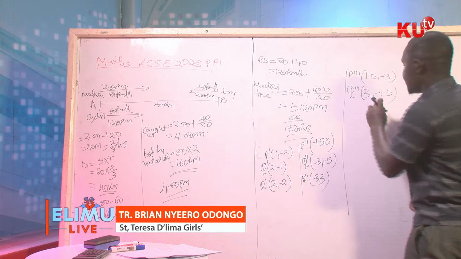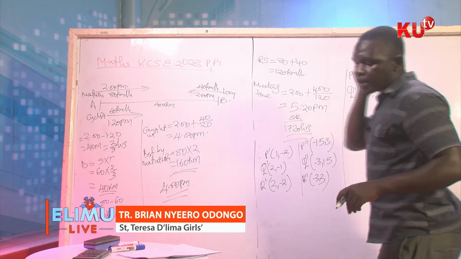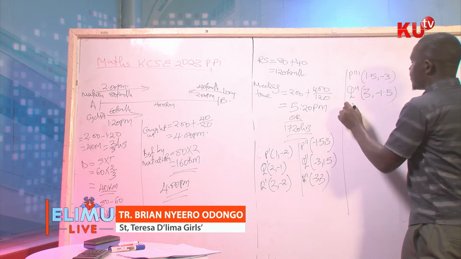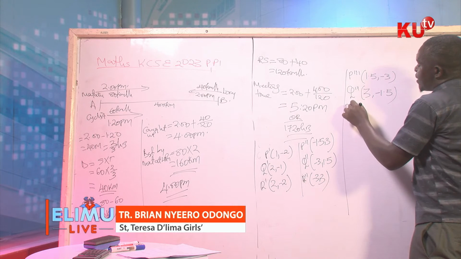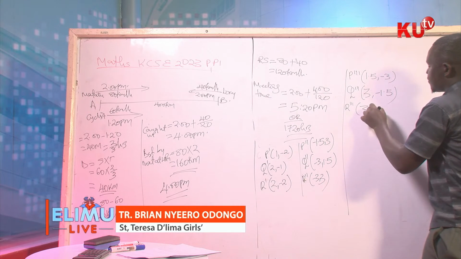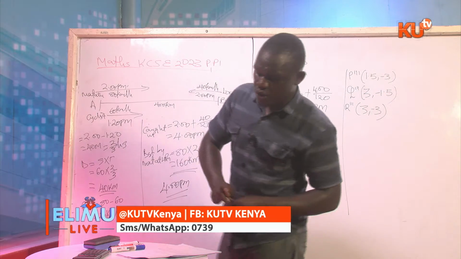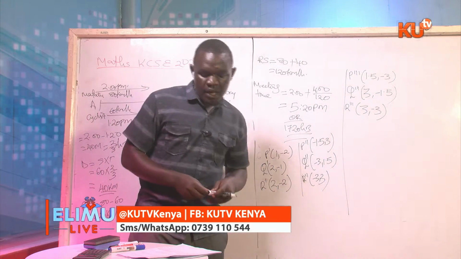Then with R triple prime, you'll be able to get negative 3, comma negative 3. So make sure you are able to do that.